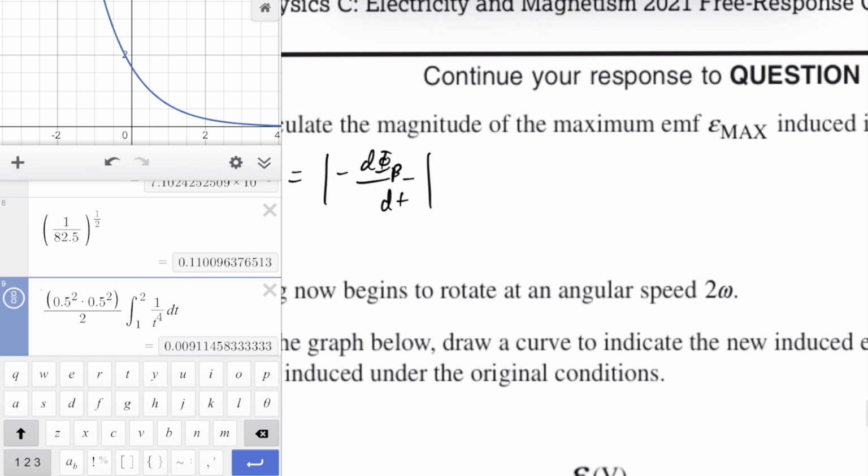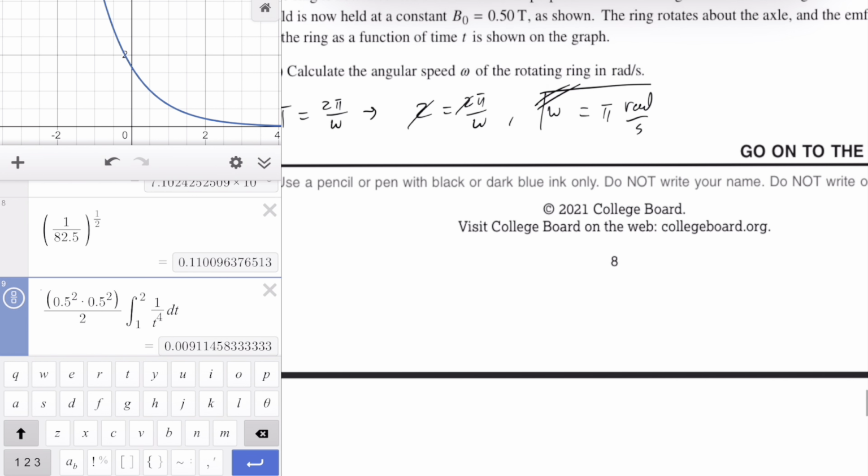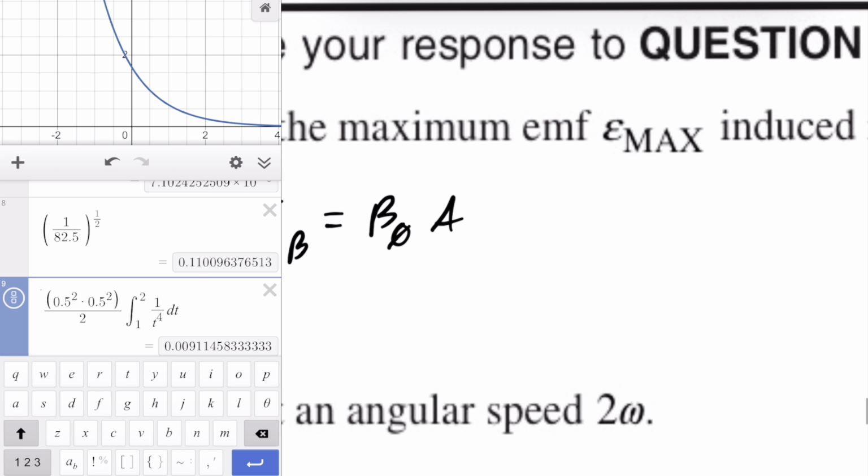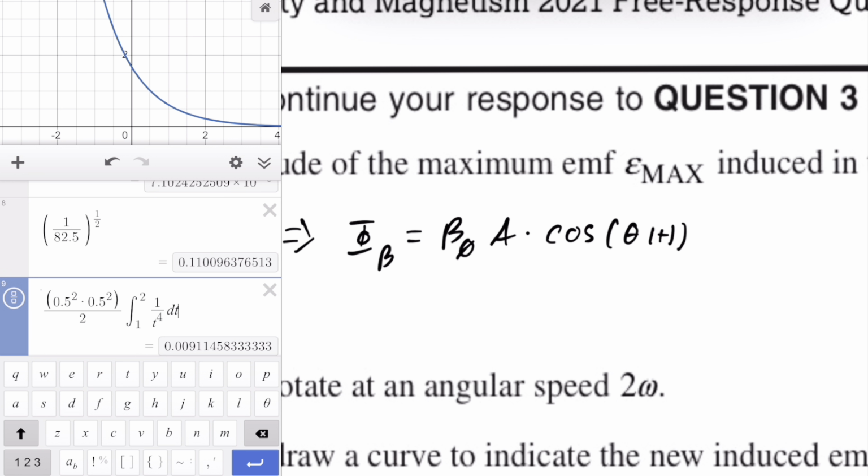But now the ring is rotating, and the magnitude of the magnetic field is not changing. It's held constant. So that's going to equal the negative derivative of, well, actually, we'll derive the flux. The flux is equal to that B naught that they gave us times the area of the ring times the cosine of the theta between. But now theta is changing, right?